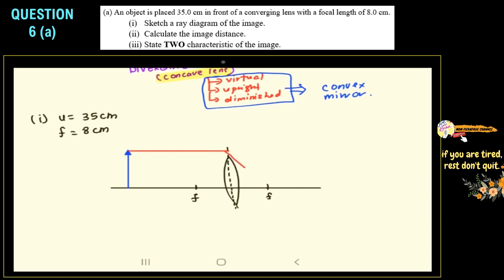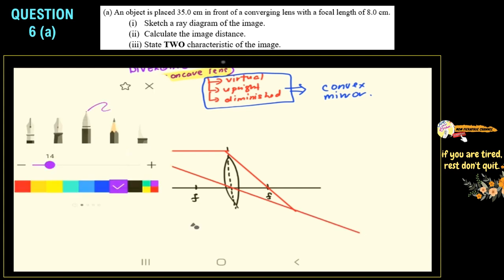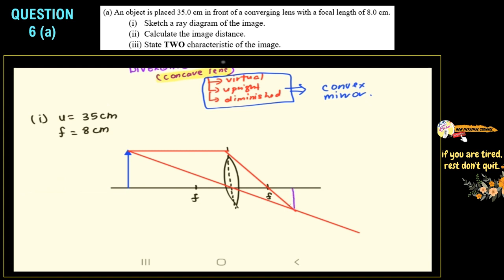Ini besar sangat ni kita punya. Macam tu lah. Kita tak edit. Okay, lebih kurang macam tu lah. Okay, so second one, dia akan pergi ke sini. Terus pergi ke C. Okay, alright. So, ia akan dapatlah image iaitu ke sini.